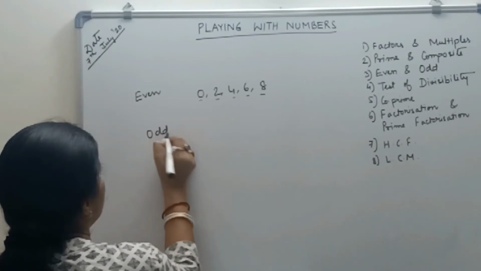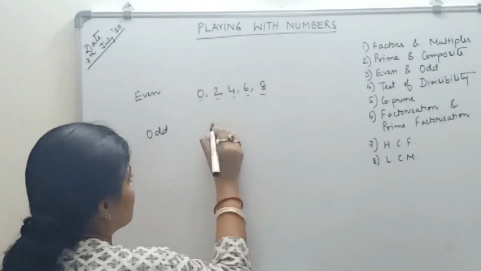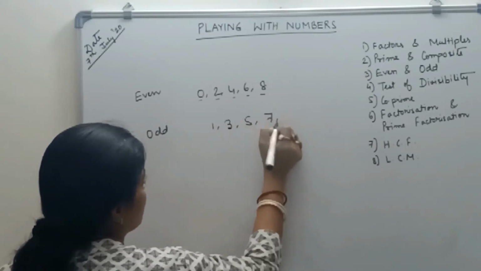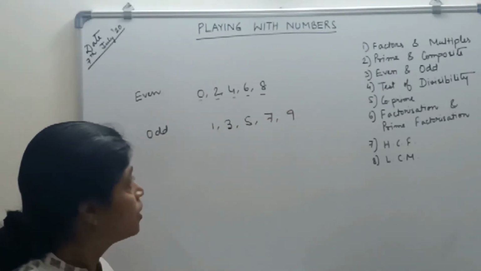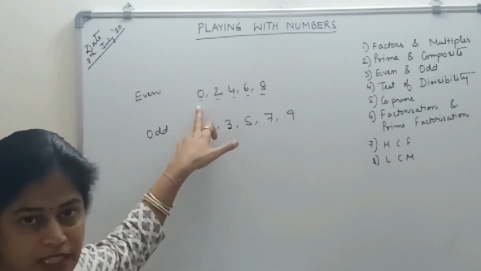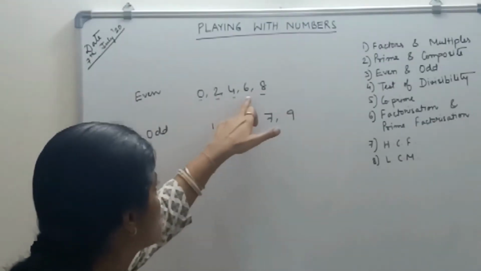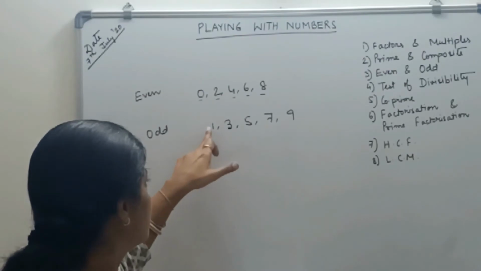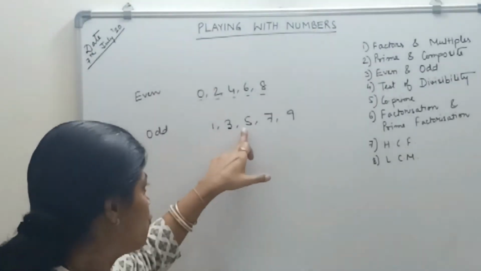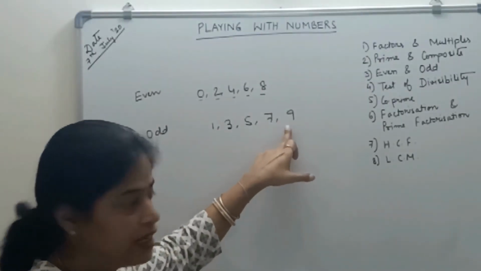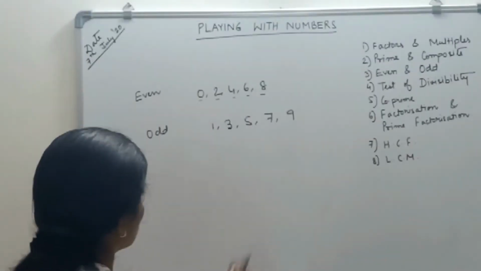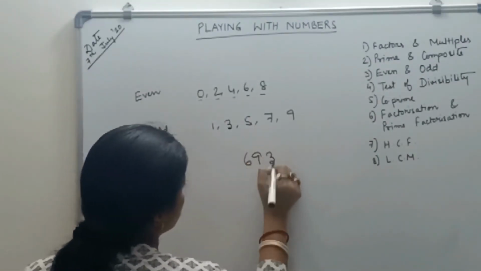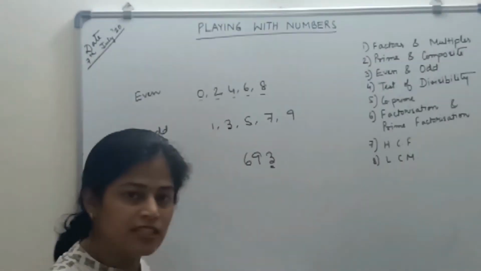And for odd, the last digit of that number should be 1, 3, 5, 7 or 9. So by seeing also you can say. Suppose I write the number 693. Its last digit is 3.